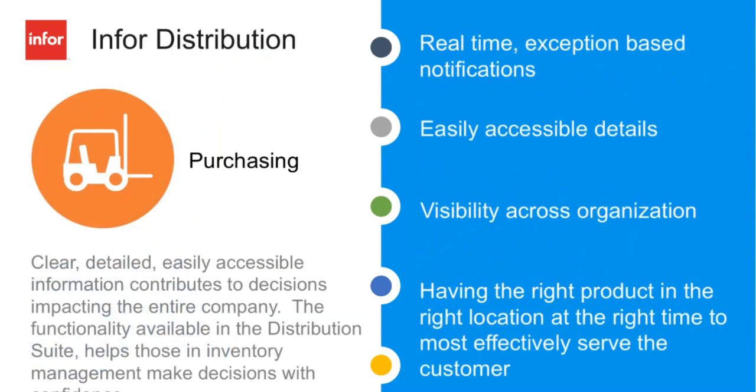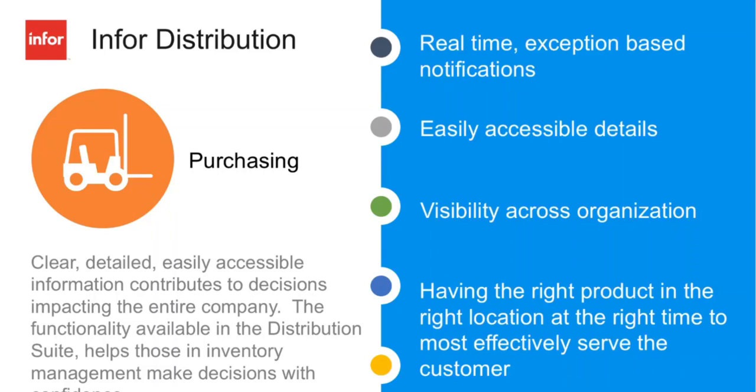It's important when we look at distribution solutions in our Infor Distribution Suite to understand how we're going to effectively leverage the tools and how we're going to address the trends in wholesale distribution. Today's users expect tools like real-time exception-based notifications, both on their home page and their desktop, as well as through their mobile applications.